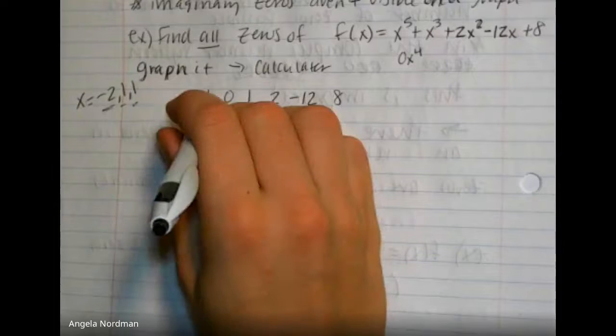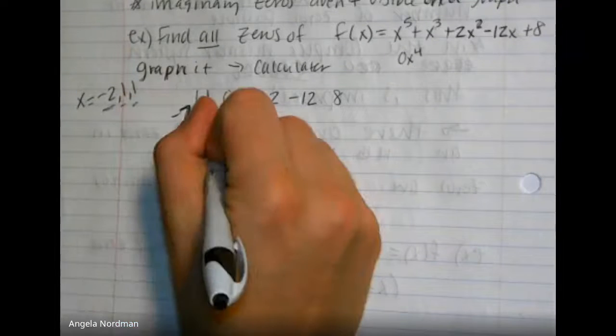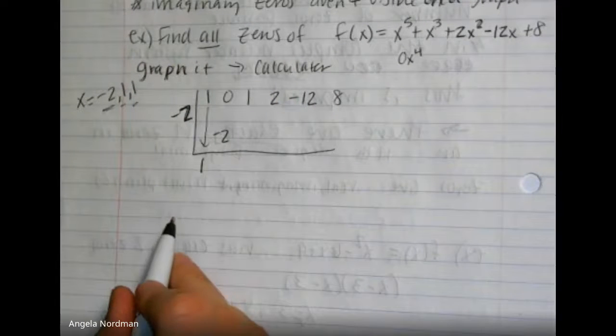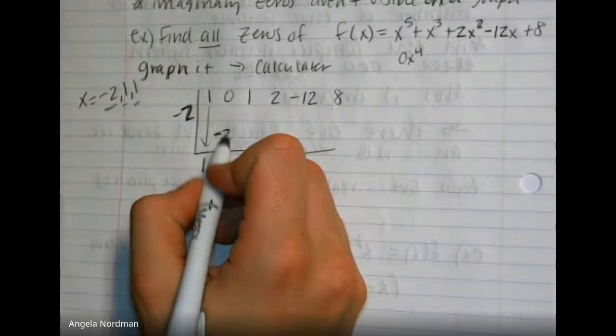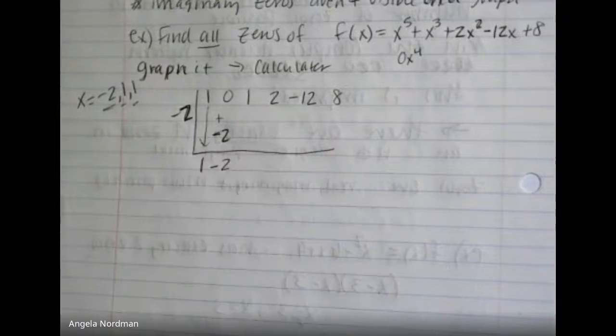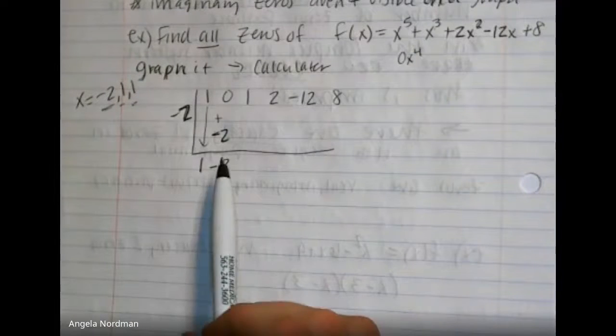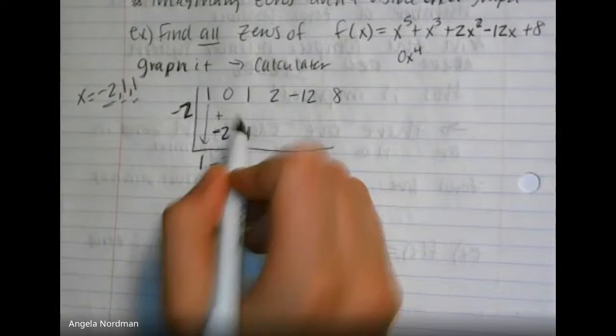We start by dropping that first term down. So it's a 1. 1 times -2 is -2. 0 plus -2 is -2. Now we can go ahead and multiply -2 times -2, that's +4.